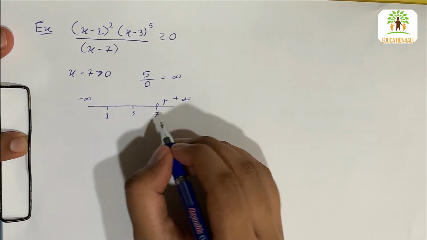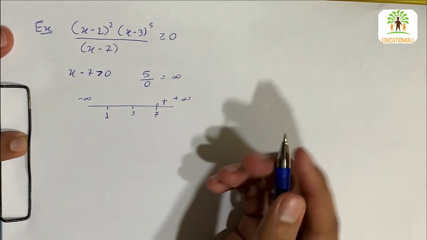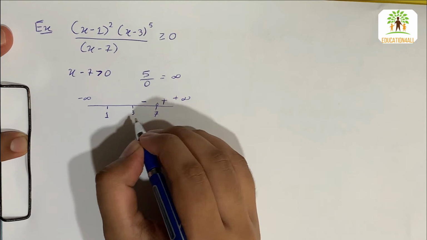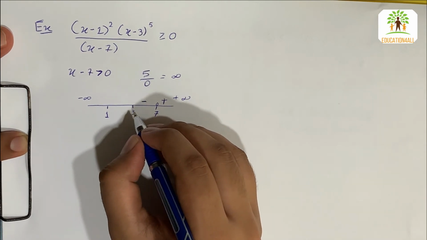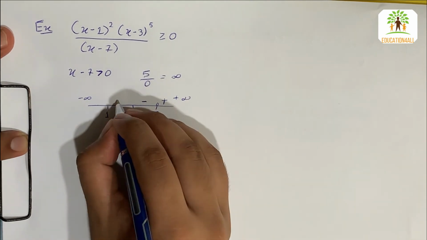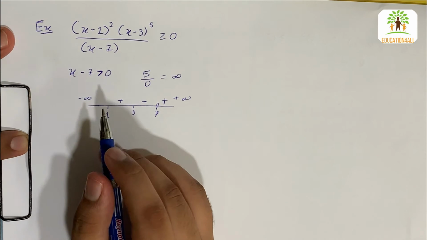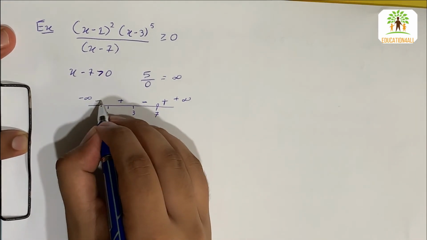Now, at the x equals to 7 critical point, we have an odd power, which means that the sign will change. At the x equals to 3 critical point, we have an odd power, which means that the sign will change once again. And at the x equals to 1 critical point, we have an even power, which means that the sign will not change here.